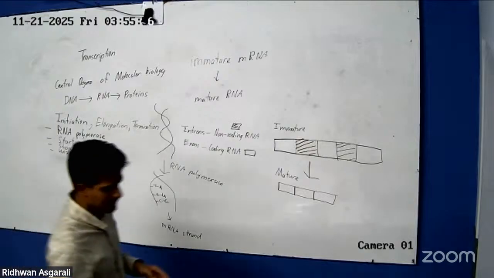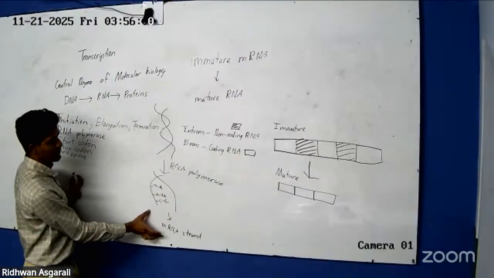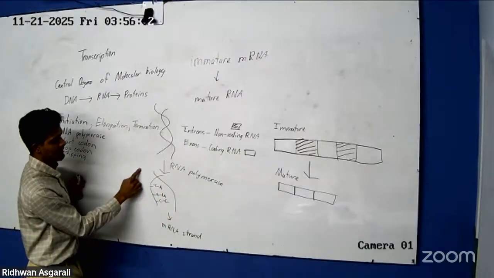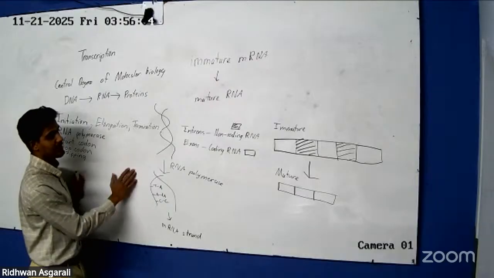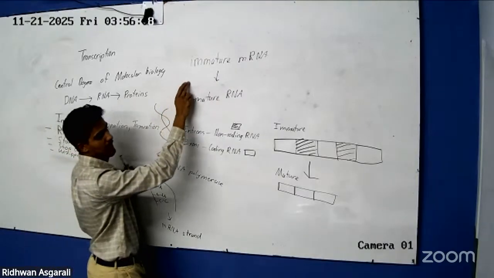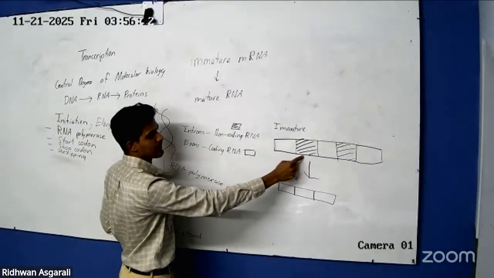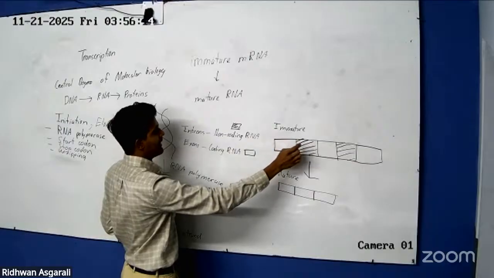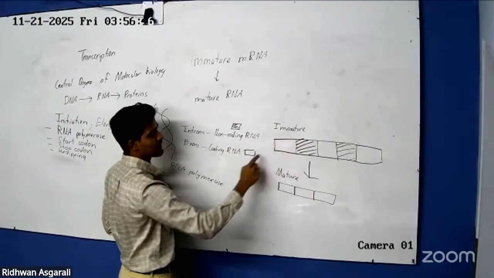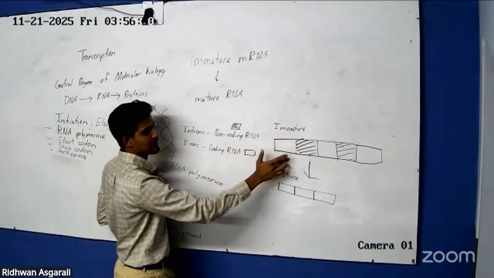Okay, so again, the mRNA strand produced directly after transcription is called immature mRNA. This immature mRNA contains both exons and introns. The introns in your mRNA sequence don't code for any proteins, so they're just taking up space.